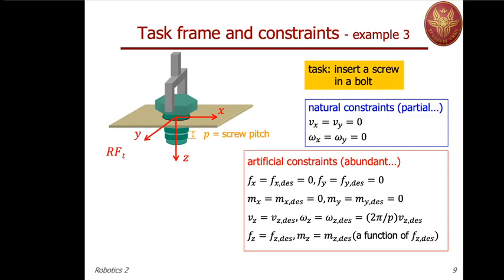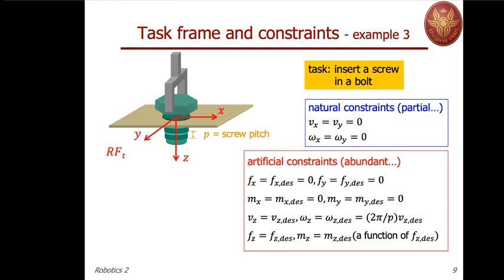And in fact, assuming, again, this is very important at this stage, that there is no friction at the contact, so the bolt is not feeling any friction, which is counterintuitive, because we know that in order to screw or sometimes unscrew the screw in a bolt, we may need to apply a force exactly in those directions. But since this is a geometric modeling, let's see what this specifies.